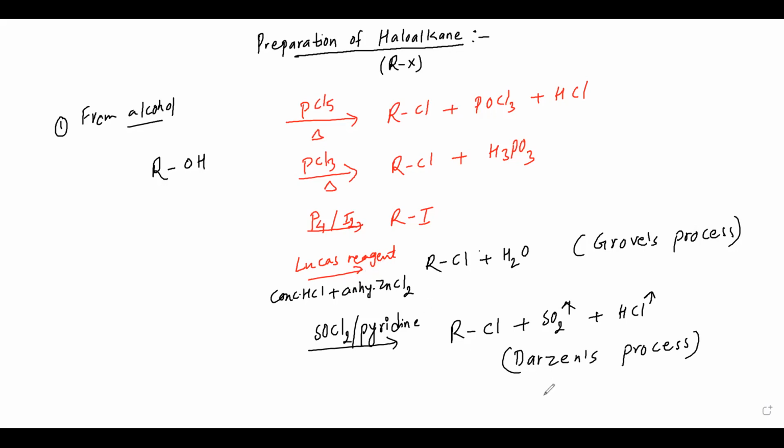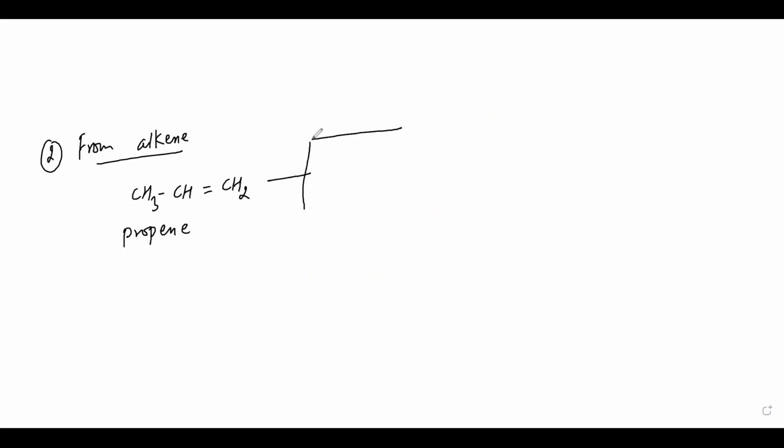Okay, next method, we prepare haloalkanes from alkene. Here I am taking the unsymmetrical alkene CH3CH=CH2. This is the unsymmetrical alkene and the name of this alkene is propene. When treated with HBr, HBr is an unsymmetrical reagent.